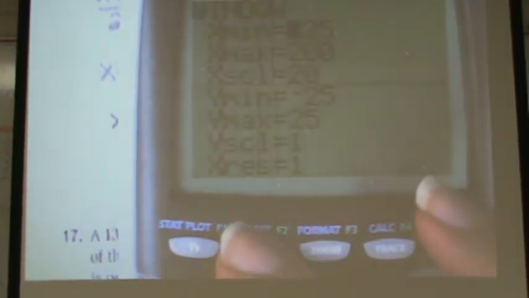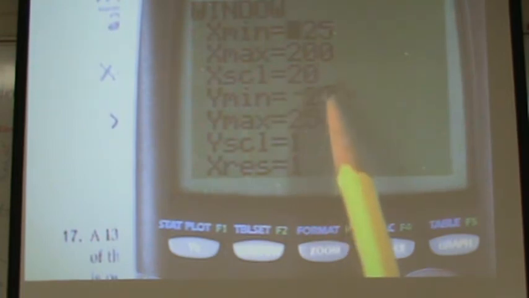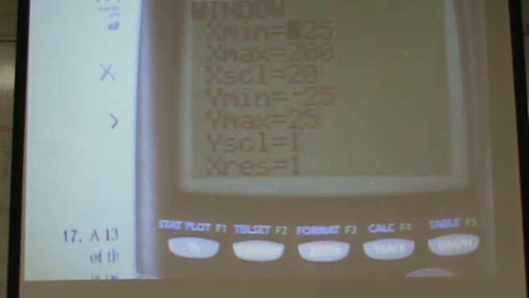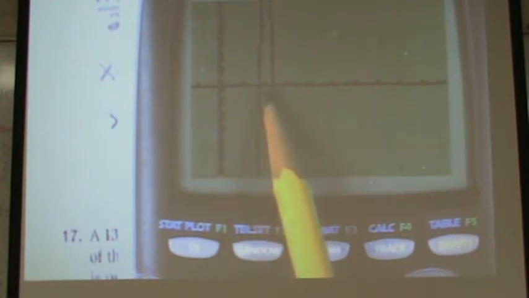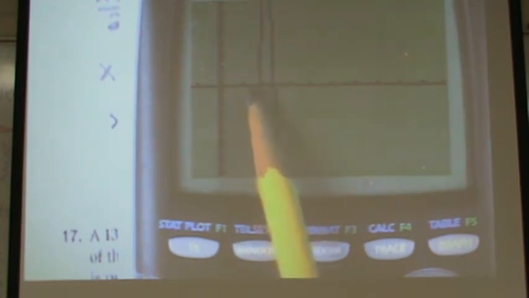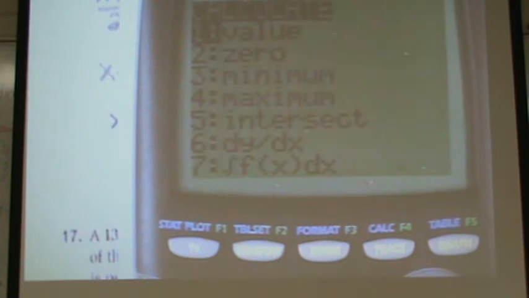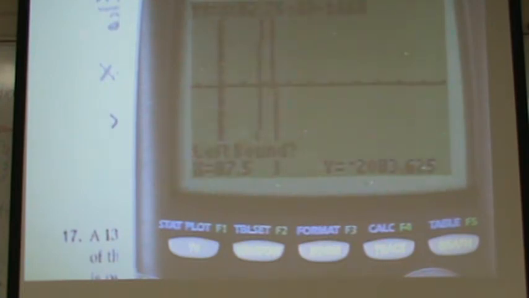I changed my window, they go by 20s, so 20 and then 40. The first number looks like it's between 20 and 40. So hit second calc, 0, and I'm going to do 20, enter, 40, enter, enter. The first number is 34.75.